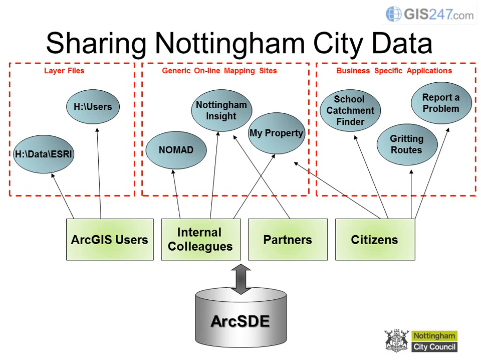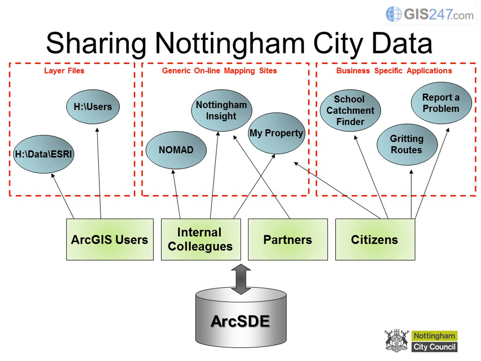These specific business applications are continually being developed and enhanced for specific audiences. Additional information about these specific applications can be found in the presentation titled Online Mapping Tools at Nottingham City Council.